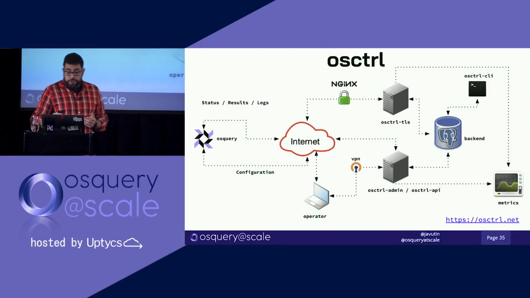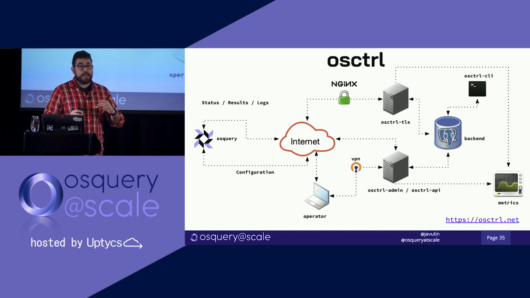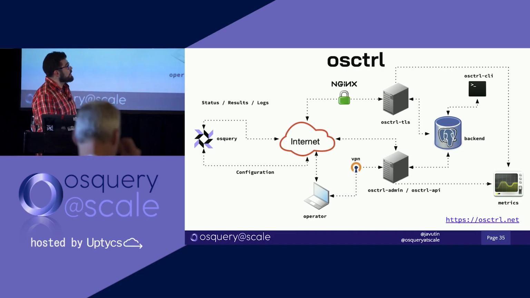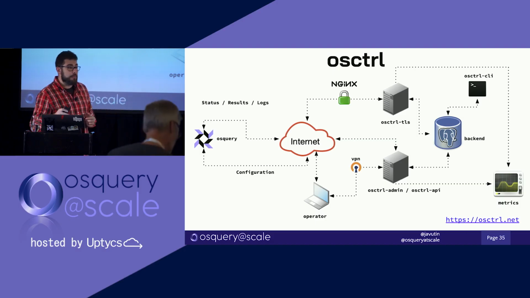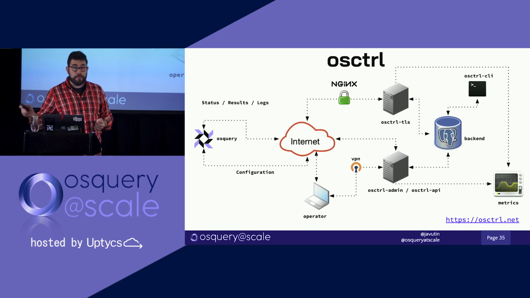The main idea about OS Control, and these are the components, is that you have your osquery nodes, which go through the internet, then you have the osquery TLS. It's modular, and it has components that can be deployed separately from each other. The osquery TLS is what is going to receive the TLS endpoint. Usually you want to have this on the internet, so your osquery nodes will be able to reach it without VPN.